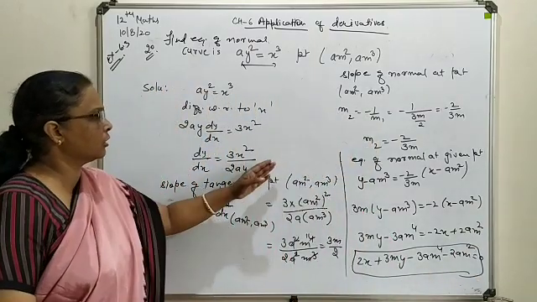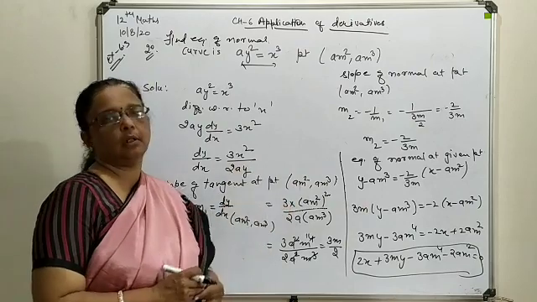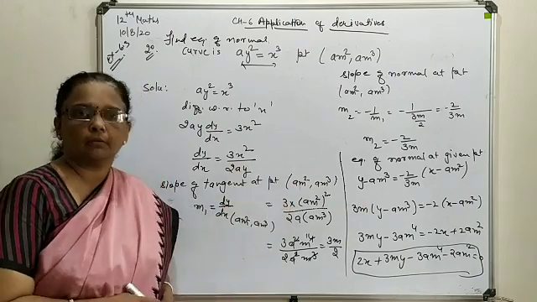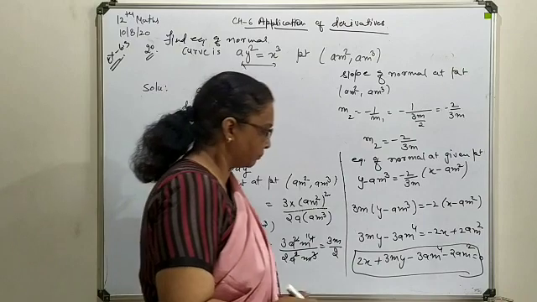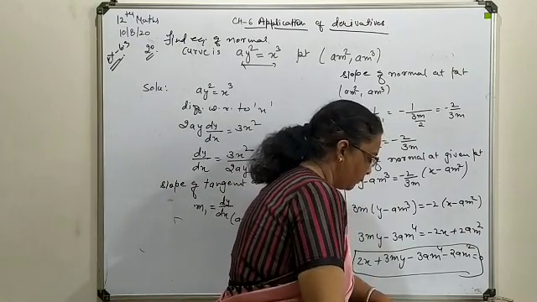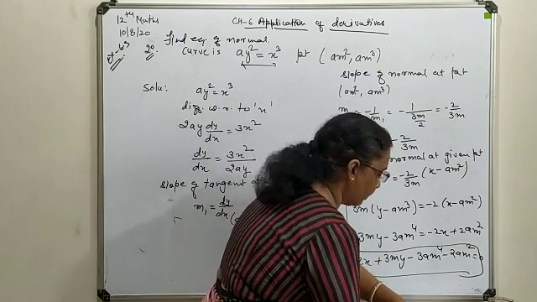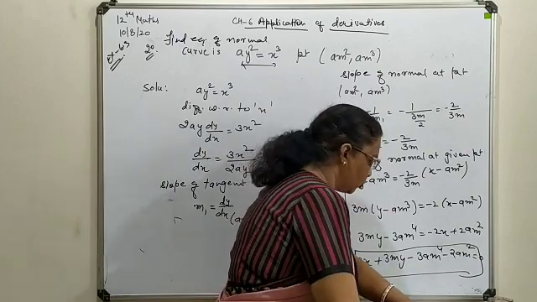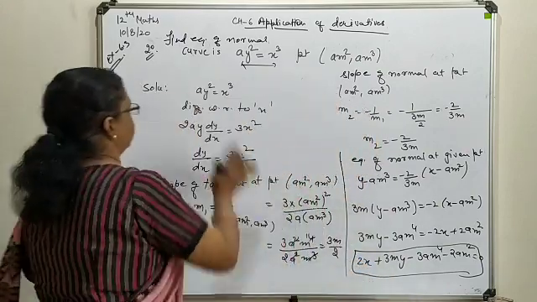So this way, because of this combination, this is also one of the important questions over here. Next we try to find out one more important question, that is question number 23.